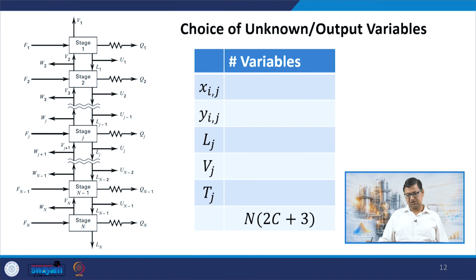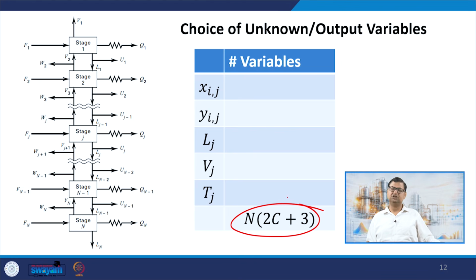How many variables can we keep unknown? That should also be my n into 2C plus 3. Out of this, I have xij unknowns, which are for n stages, C components. So we have nC here. We have yij unknowns, again for n stages, C components, nC here. How many Lj's? The liquid flow rates going from L1 to Ln, we have n here.